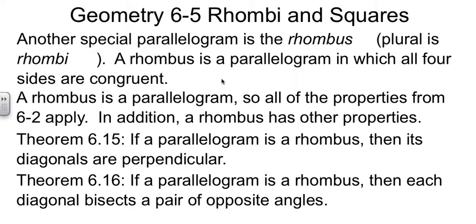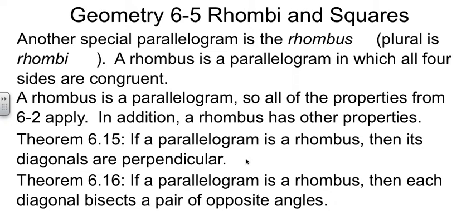Now, since it's a parallelogram, just like when we talked about the rectangle, everything we said about parallelograms is true. Everything back in 6.2, all the opposite sides are congruent, opposite sides are parallel. All of those properties are still valid. But a rhombus has a few other special properties too.